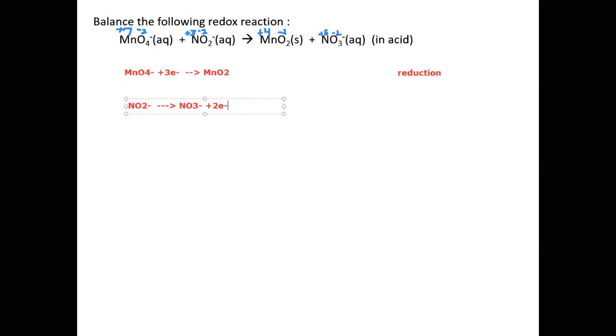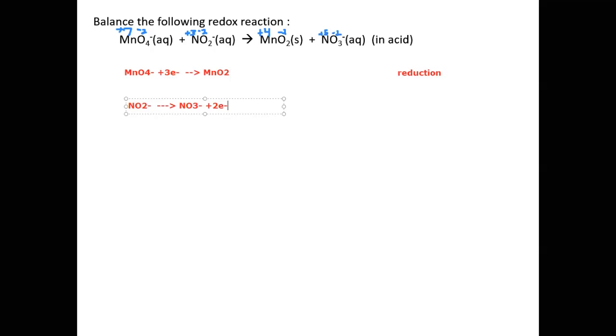So we need to look at the non-oxygen, non-hydrogen atoms. Well, manganese is 1 to 1, and nitrite and nitrate are 1 to 1. So there's no need to balance the non-oxygen, non-hydrogen atoms. Now to balance the oxygens, which is next, we have to add water molecules.